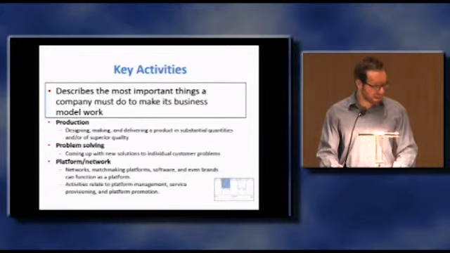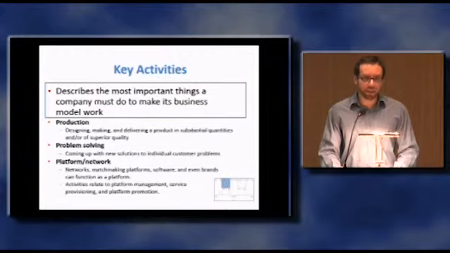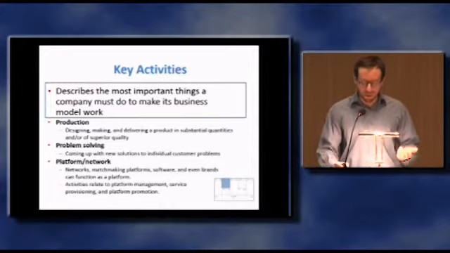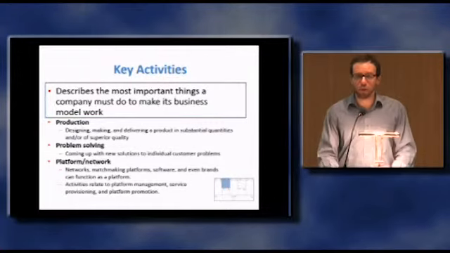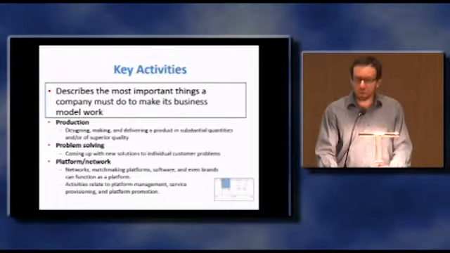And exactly what are the key activities that you will have to do as a business? This describes the most important things a company must do to make its business model work. For instance, for a PC manufacturer like Dell, the key activities could include supply chain management and production manufacturing.